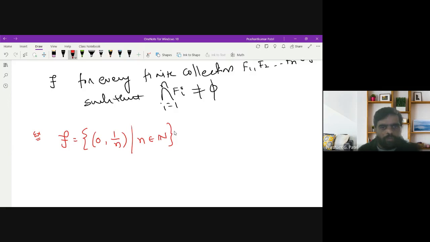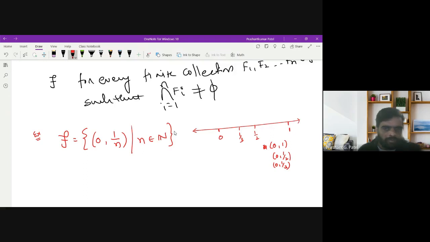So what are the sets in this? Let us see geometrically. This is 0. The first interval, when n is 1, is 0 to 1, the second interval is 0 to 1 by 2, the third interval is 0 to 1 by 3, and so on.